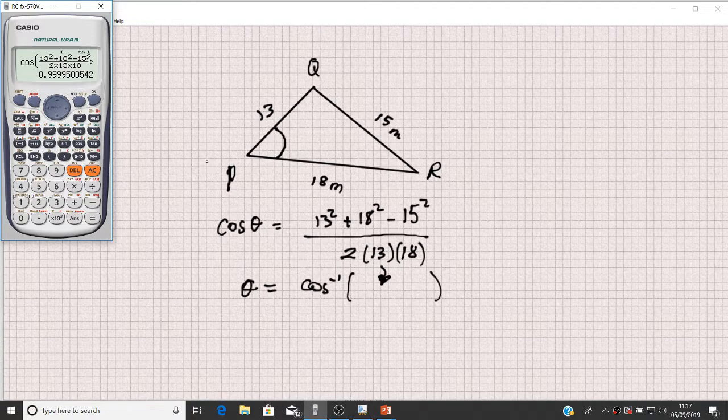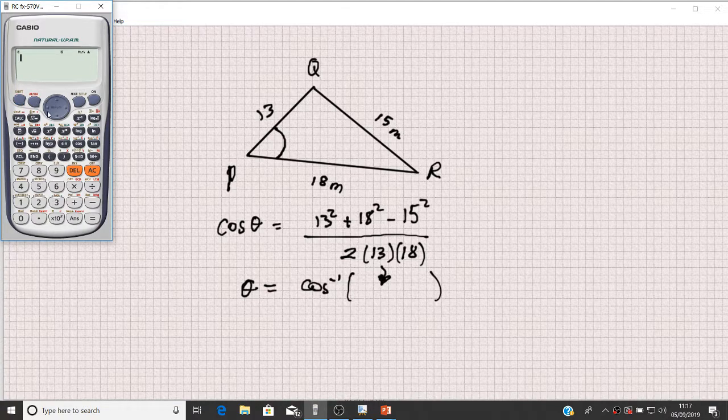13 squared plus 18 squared. I've done cosine, not cosine inverse. I see the problem. So I clear that down and correct. Apologies for that. So I have to clear that, and we're going shift, writing pad is failing.